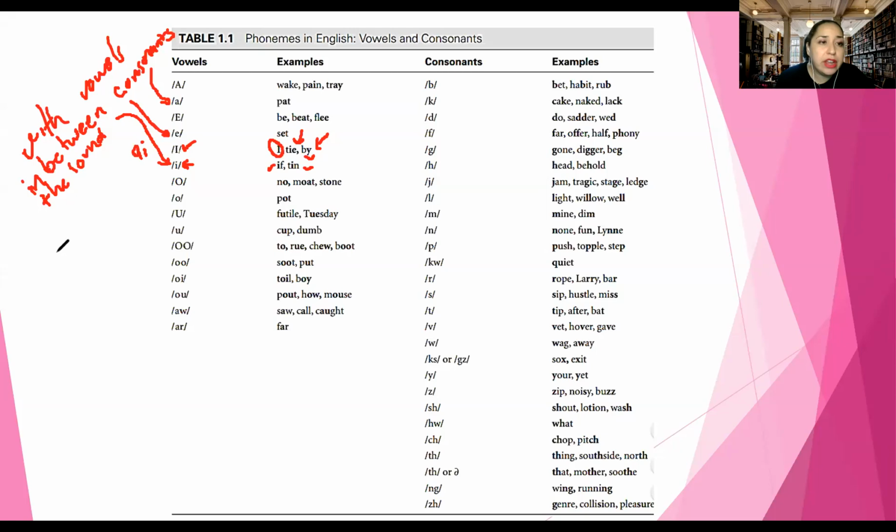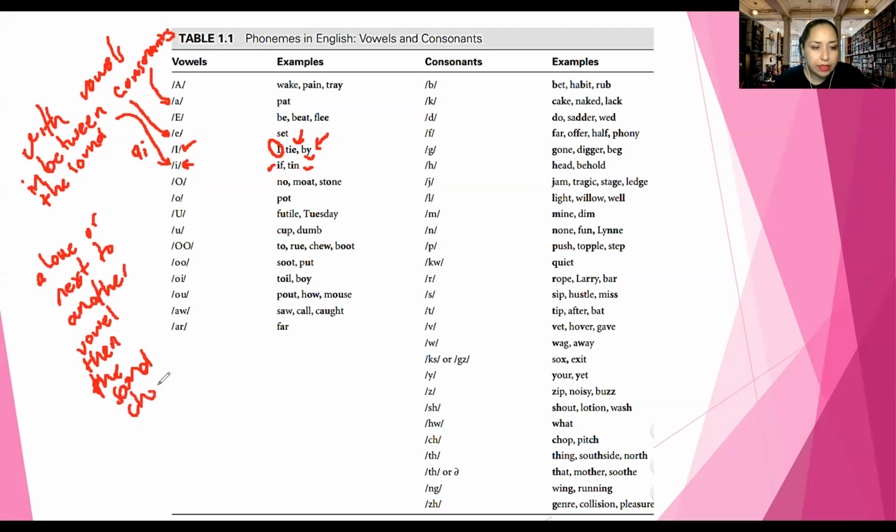And whenever the vowel that we're talking about is alone or next to another vowel, then the sound changes to the ABC sounds, the ABCs.